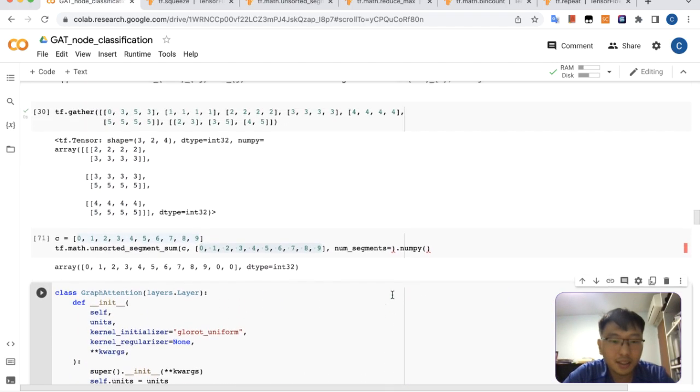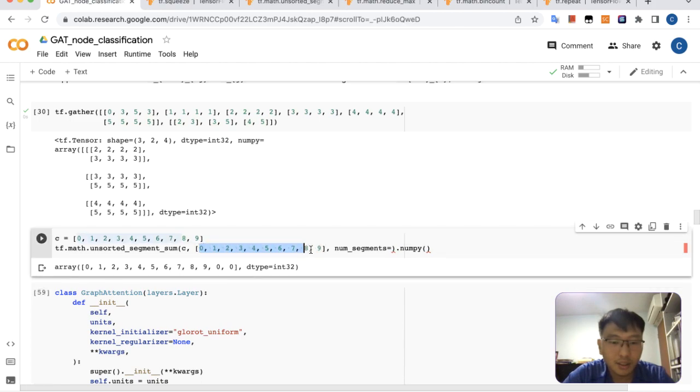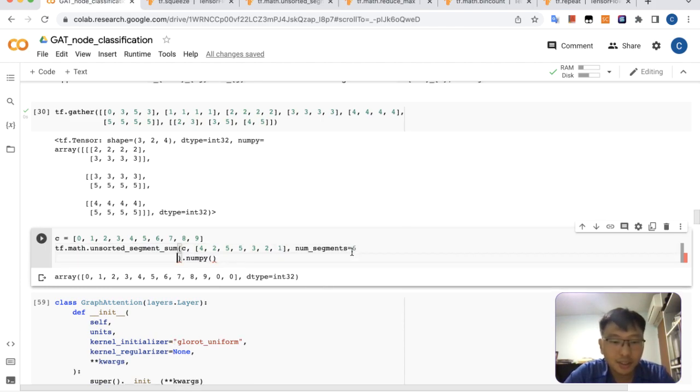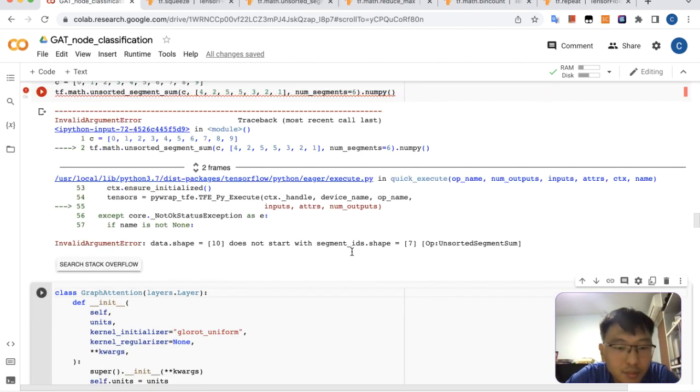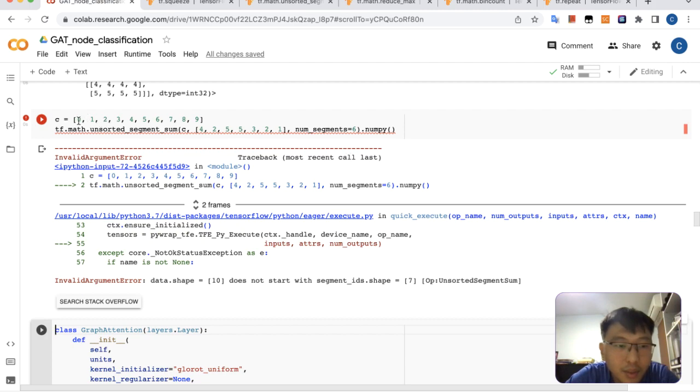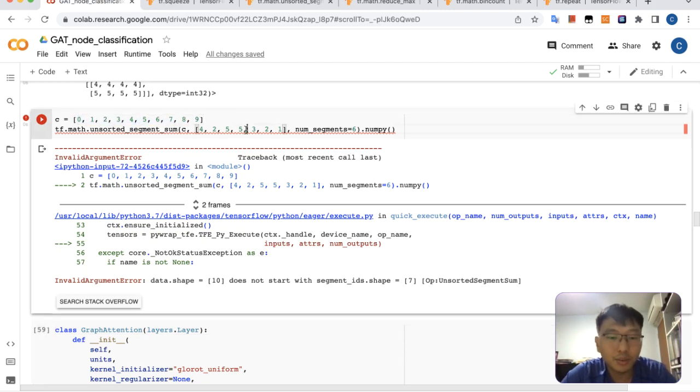So the idea here is just to get, I don't know, let's say we have some targets here, and then the num segments maybe 6. Okay, we need to have the same value, so let's just put some numbers in. 1 2 3 4 5 6 7 8 9 10.